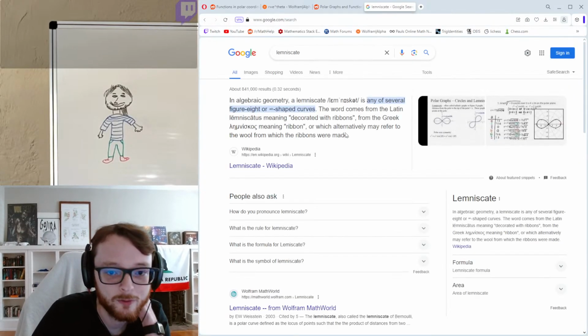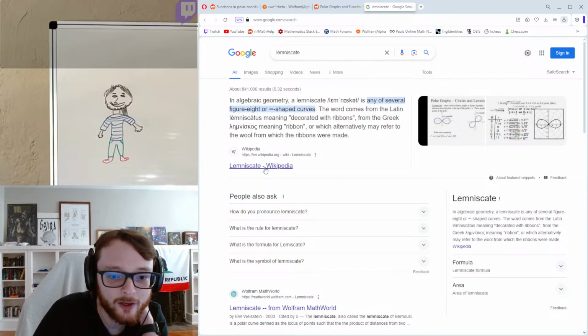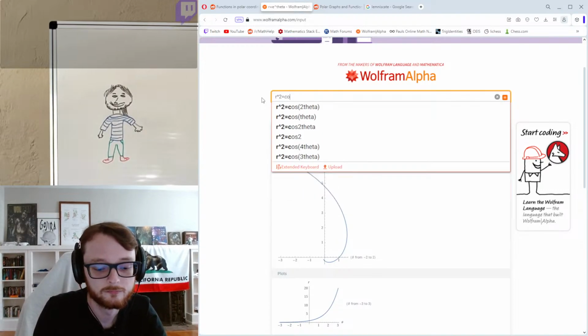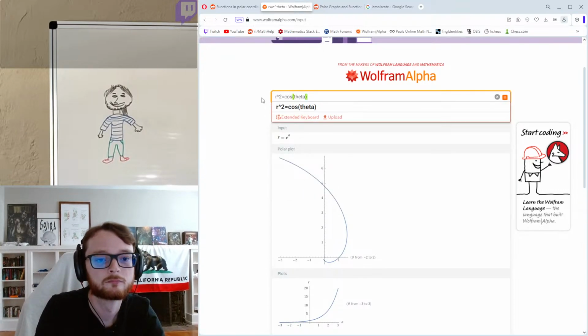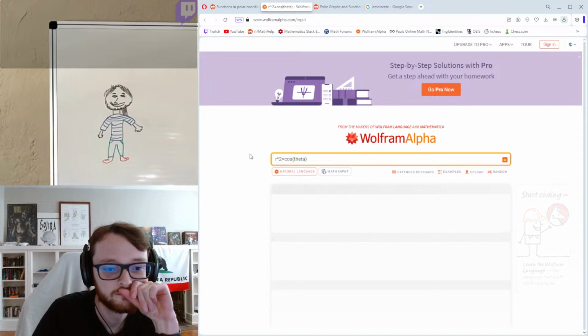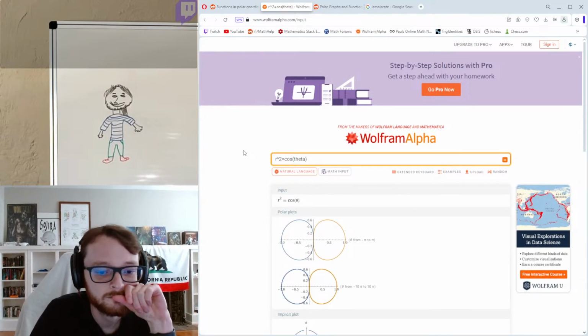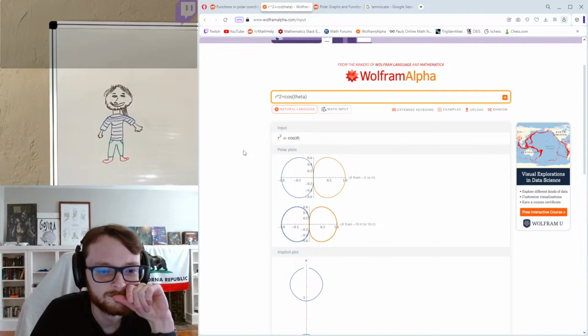What's the equation of a lemniscate? Oh, that's like r squared equals sine theta. That's what I was looking at before, right? No?